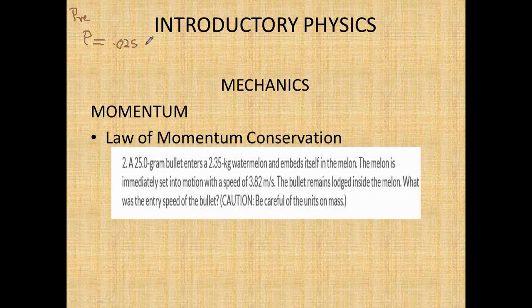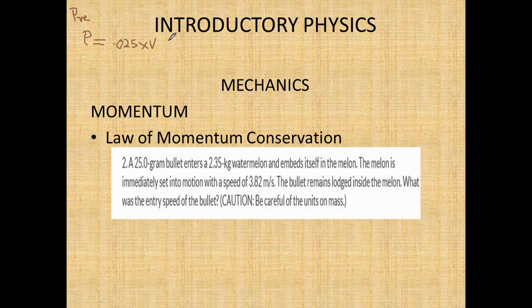And then for the momentum, you have to multiply by the velocity of the bullet. Call it V. The entry velocity, the speed with which the bullet is traveling, is V. When we multiply by the mass of the bullet, we get the momentum of the bullet. We have to add that to the momentum of the watermelon. The watermelon has a mass of 2.35, but the watermelon was at rest.